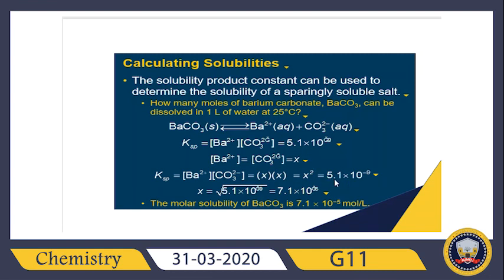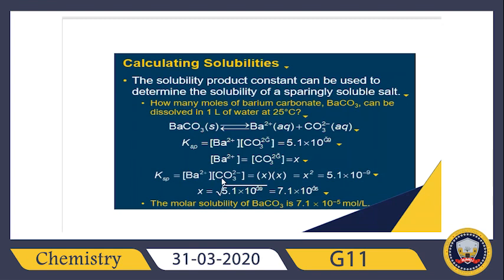Now by taking the root of this value, X will be equal to 7.1 times 10 to negative 5. Okay, so now X represents what? The concentration of barium and the concentration of carbonate ions.